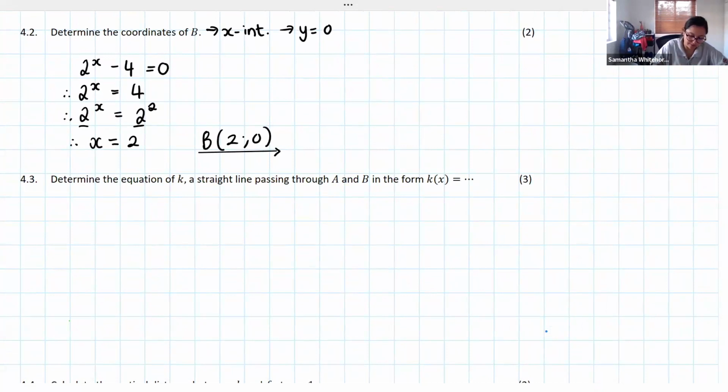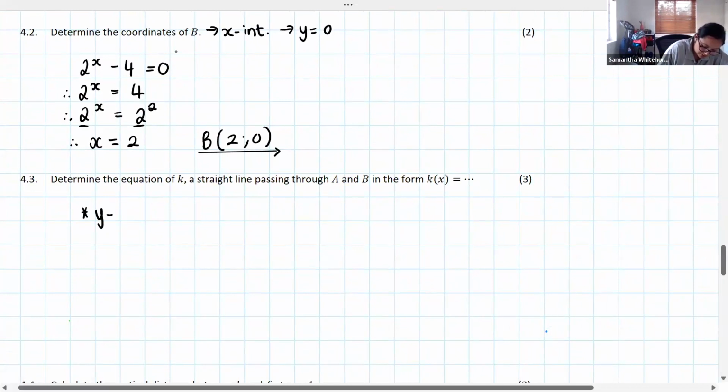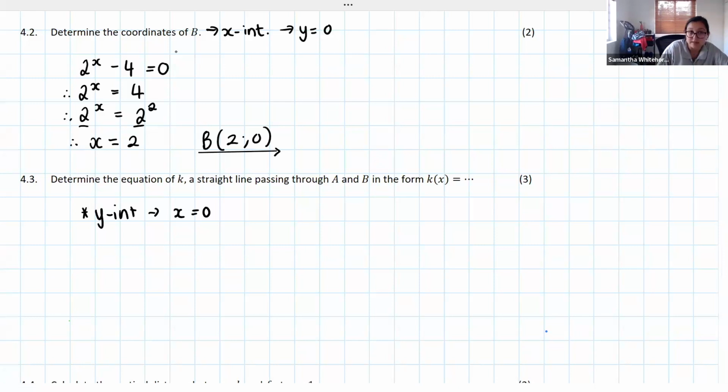Nice, guys, well done. Right, so y-intercept, we now make x equals 0. Like I said, the y-intercept is the same for both the exponential and the straight line. So we know f of x is equal to 2 to the power x minus 4.